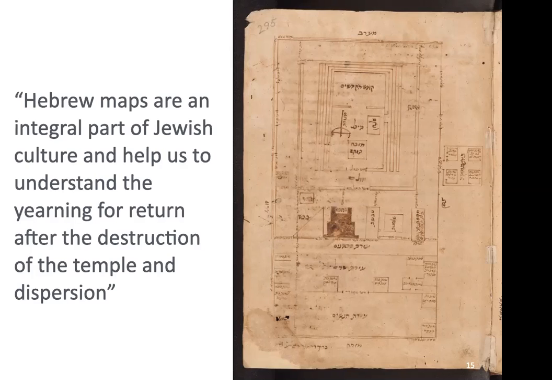And I think the fact that we were trying to map the Holy Land, even though these scholars hadn't been there, was evidence of the centrality of Israel to scholarship and Jewish life in the medieval period. You know, this yearning for a return to Israel isn't something that only happened in the 19th century. This has been characterizing our history for over 1,000 years now.